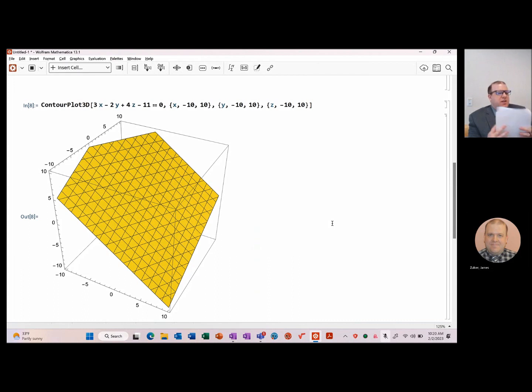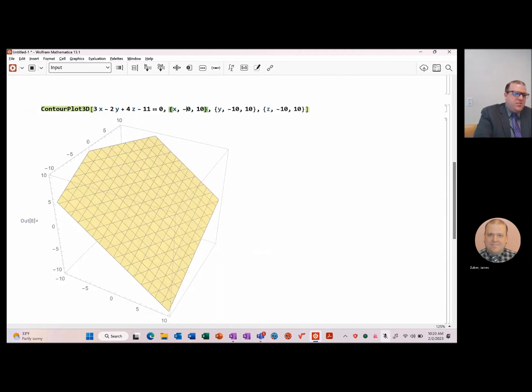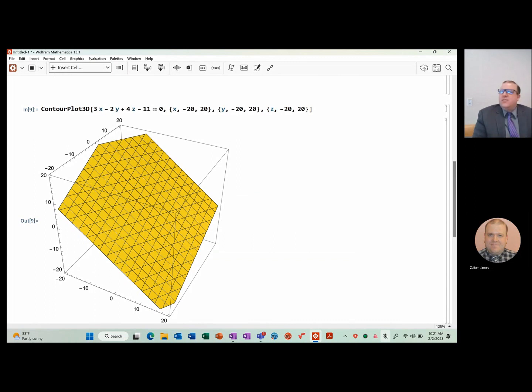All right, so it's giving us a little bit of a cut right up here. I'm not sure if we can actually correct that. We can try to extend everything out. I try to keep everything the same, so let's try minus 20 to 20 all the way around. Let's just see what happens. I don't think it's going to make a difference. Yeah, it really is. But actually, man, it works, because now I have another cut. Because remember, a plane's going to extend forever.